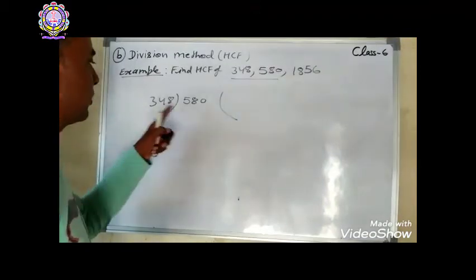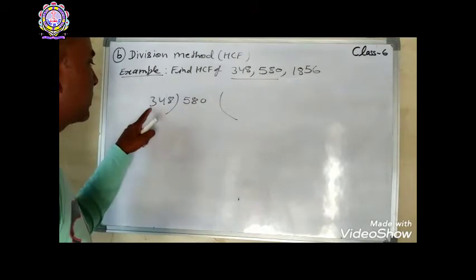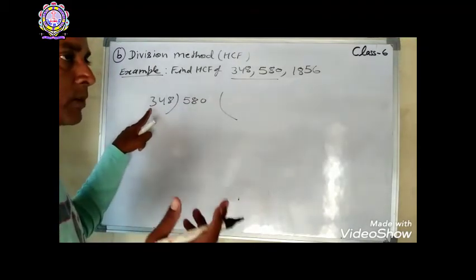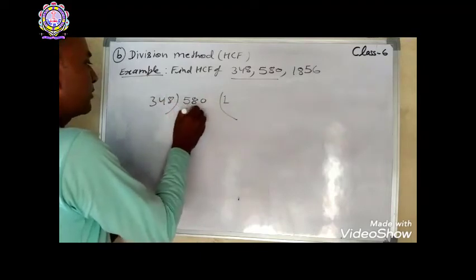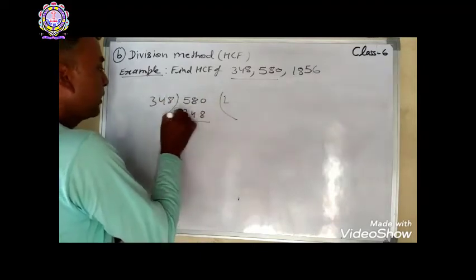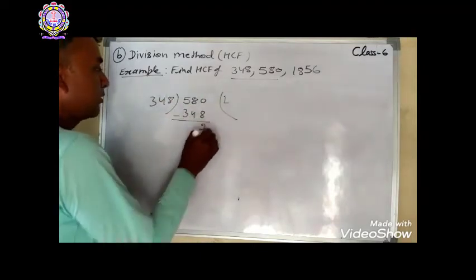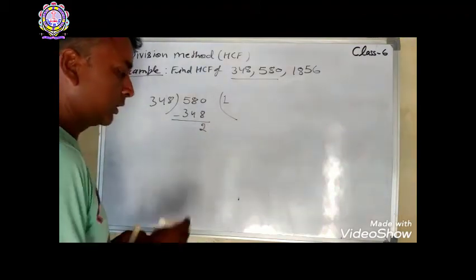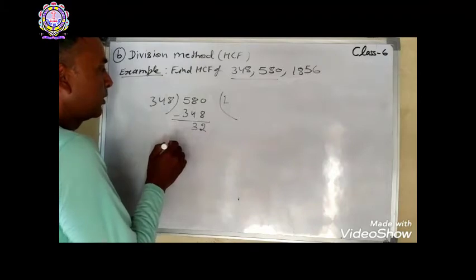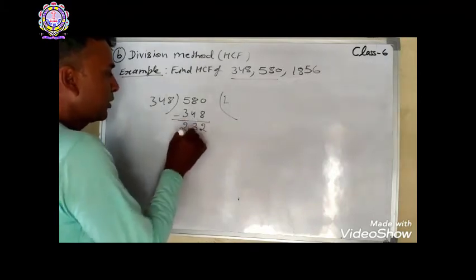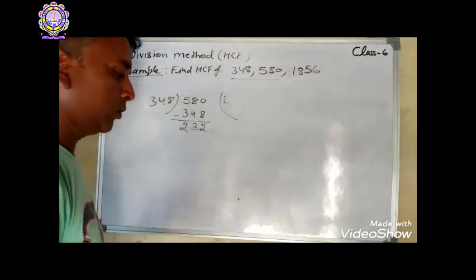So you divide once, because 3 2s are 6, 2 times is more, so we write one time 348, and then subtract it. We get here 232.